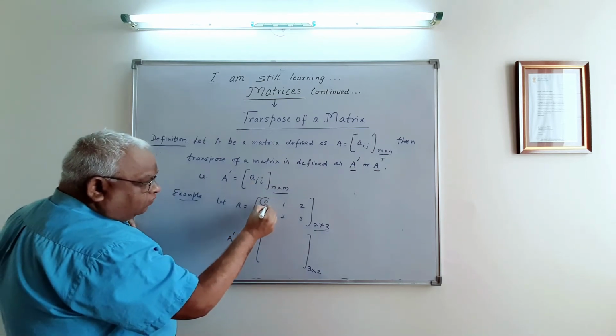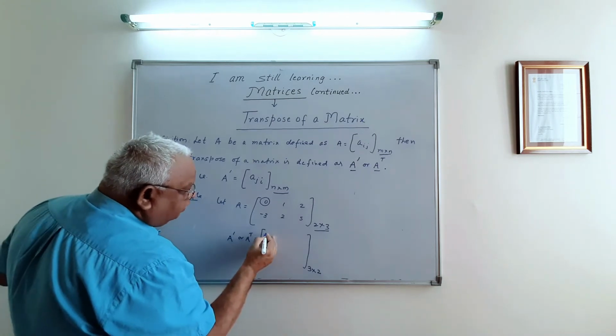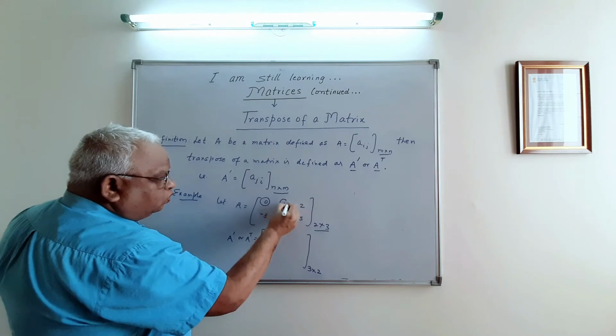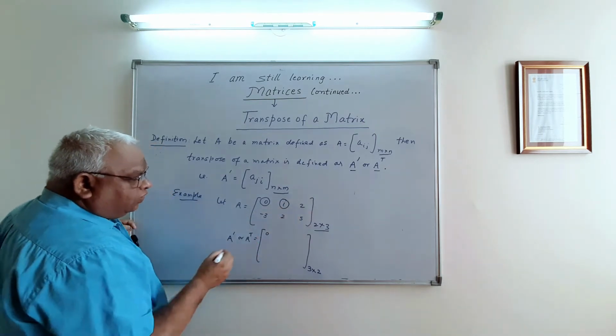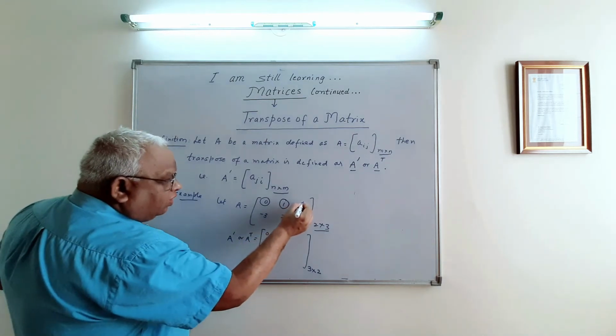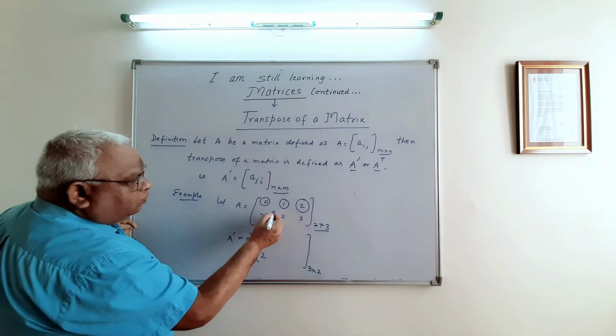So this is A11. Since i is equal to j, it will remain here. This is A12, so A12 will become A21. A13 will become A31. So basically what happens?